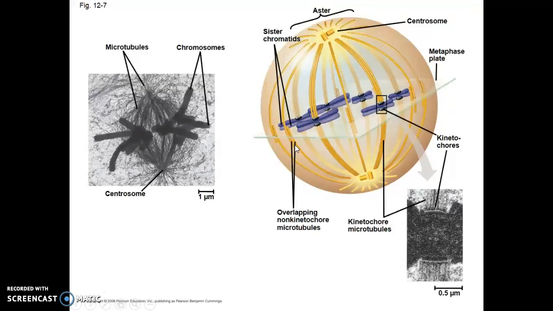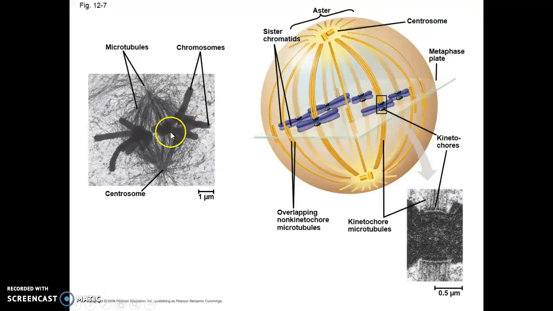So instead of connecting to the chromosomes, the non-kinetochore microtubules just overlap at the metaphase plate. That's what they do.